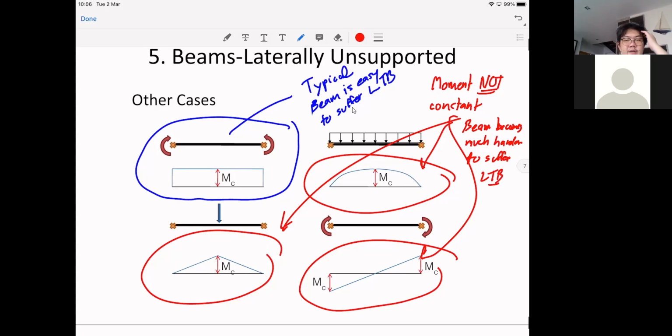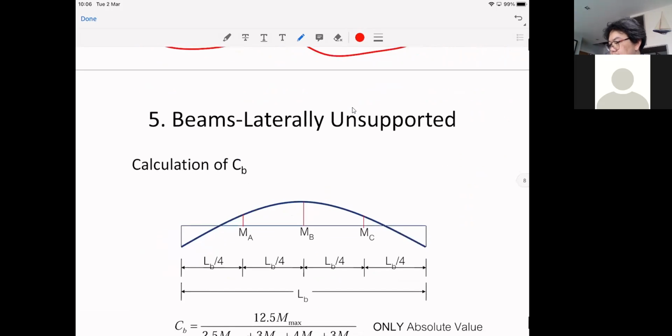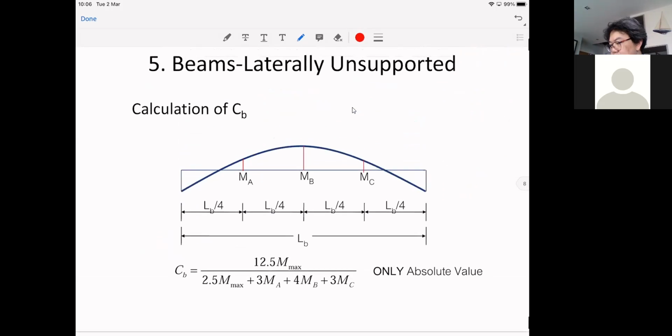Okay, and the value that we can use to evaluate the influence of the bending moment diagram that may help us increase the strength of the beam is reflected by this CB value.